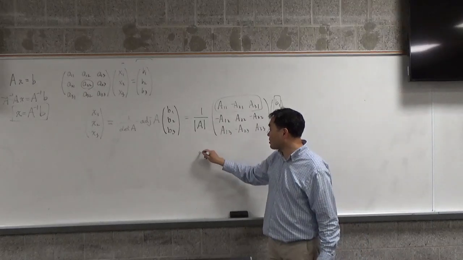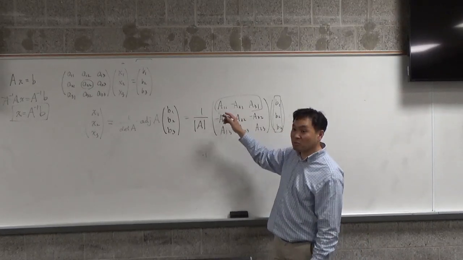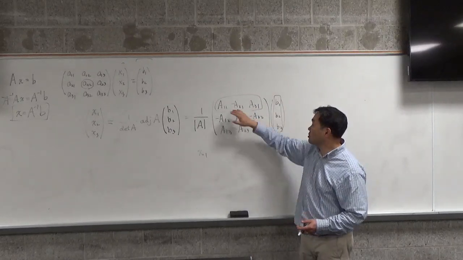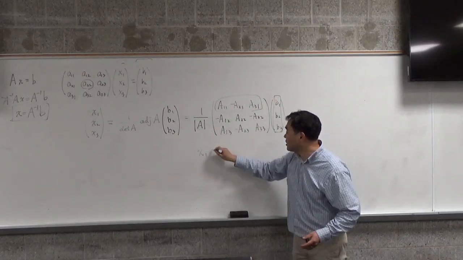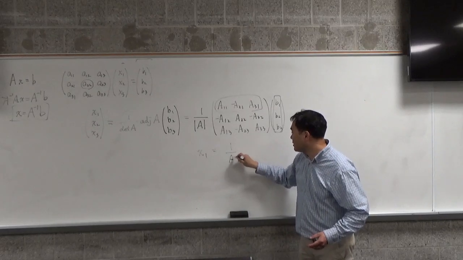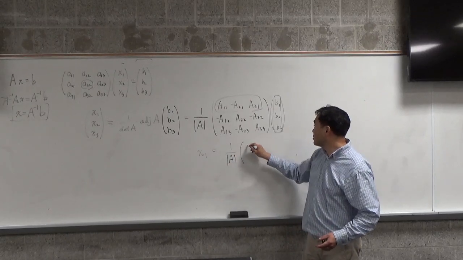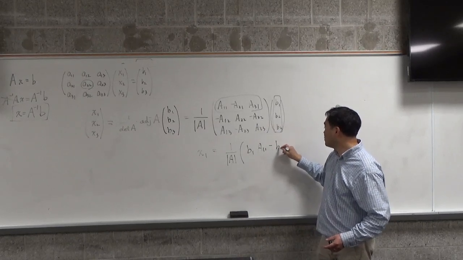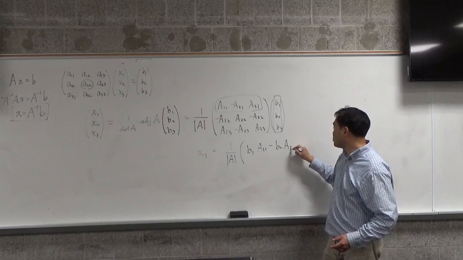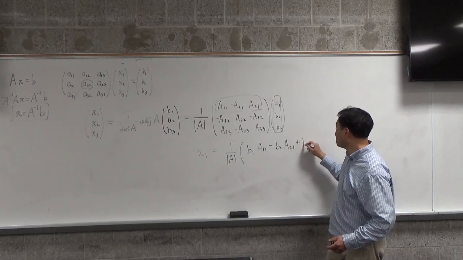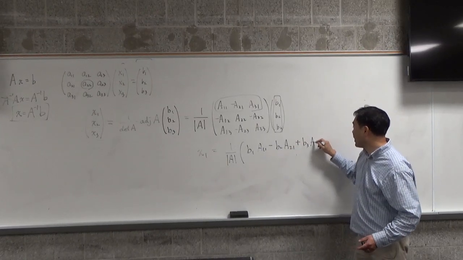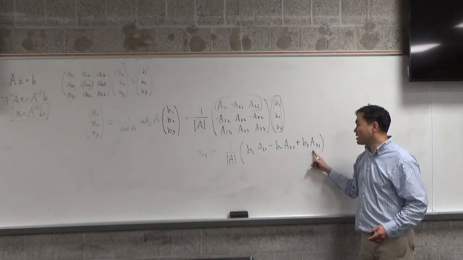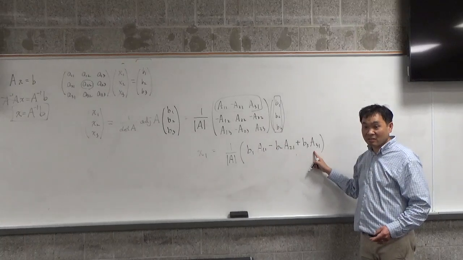So if you read off x1 just by doing the matrix multiplication, across down, you get x1 as 1 over A times B1 times A11 minus B2 times A21 plus B3 times A31. But then that looks exactly like a matrix expansion, isn't it?